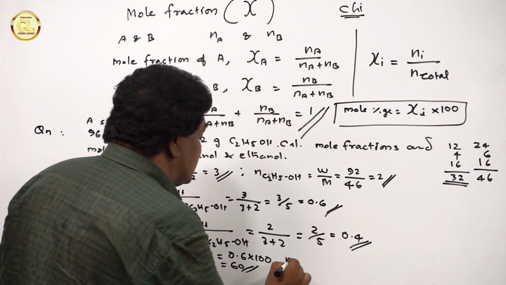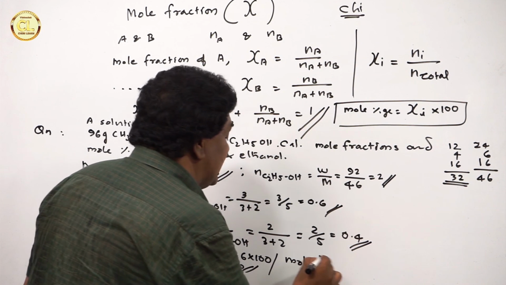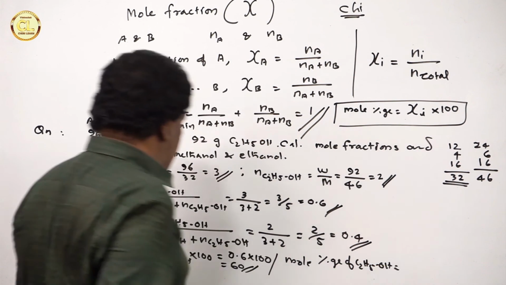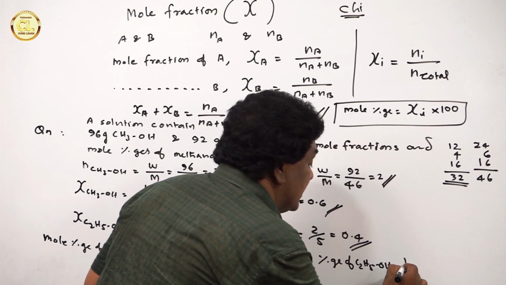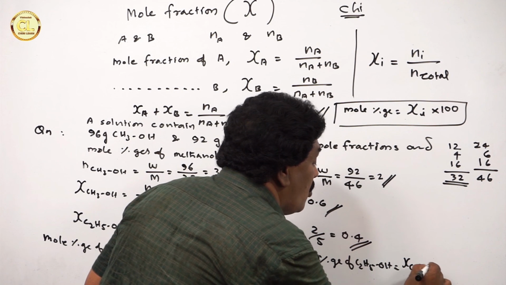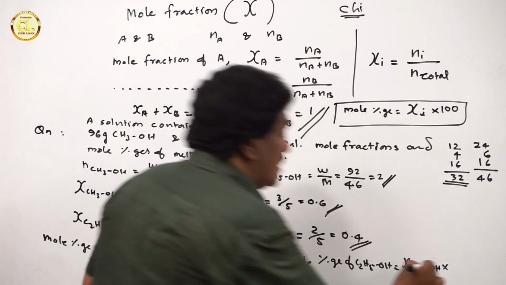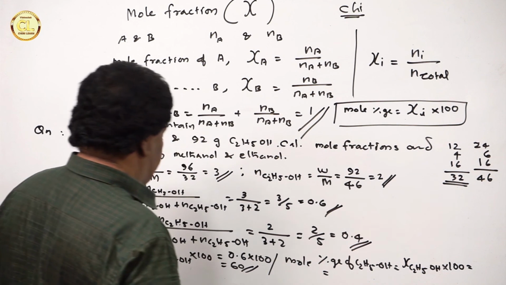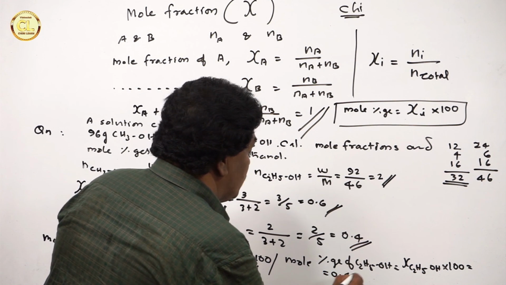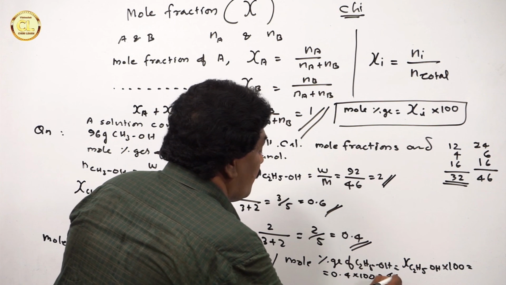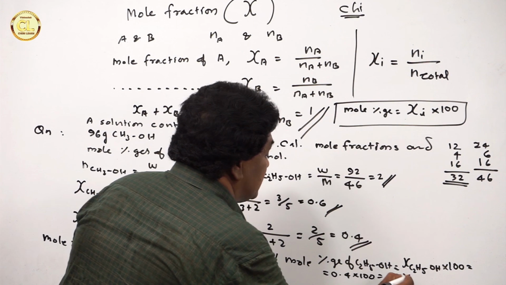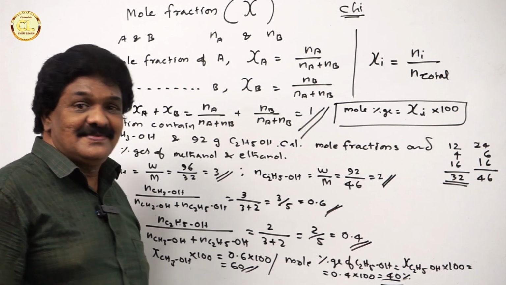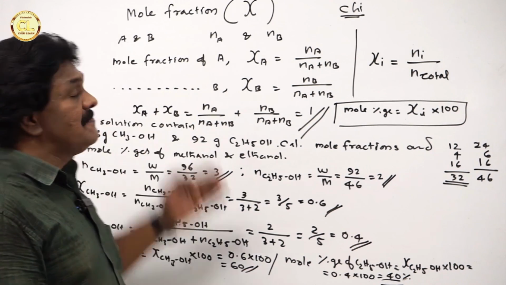Similarly, the mole percentage of ethanol is equal to the mole fraction of ethanol, chi C2H5OH, into 100, that is 0.4 into 100, which is equal to 40%. That is the mole percentage of ethanol. That's all about mole fraction.